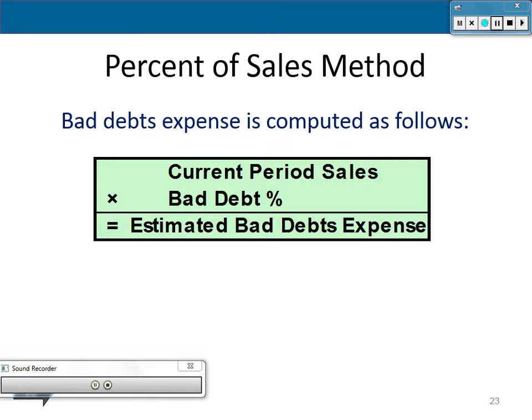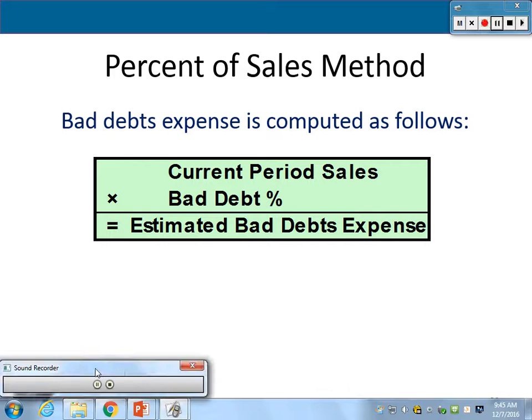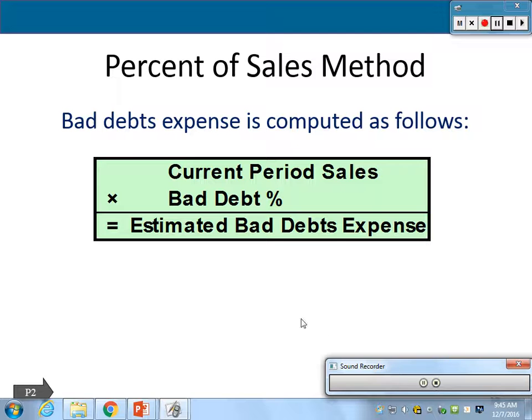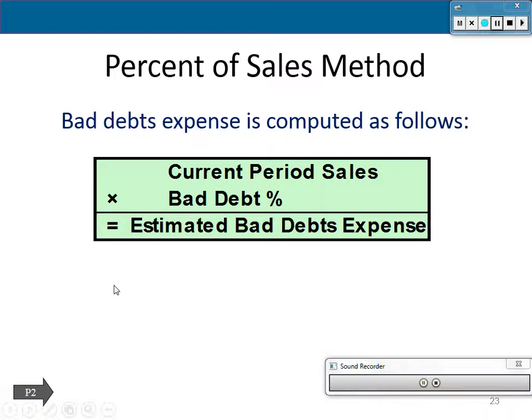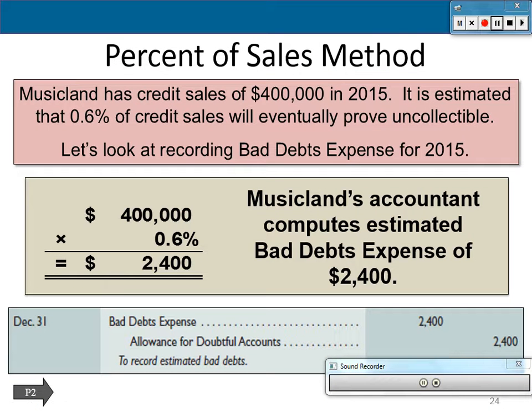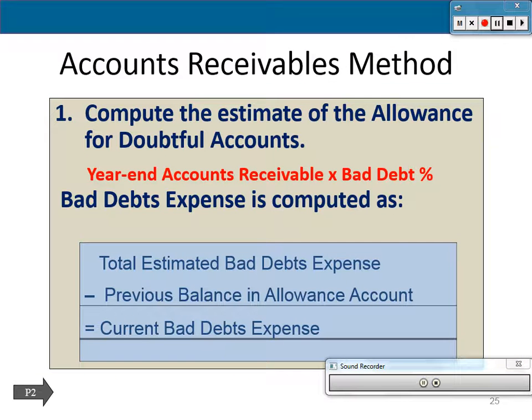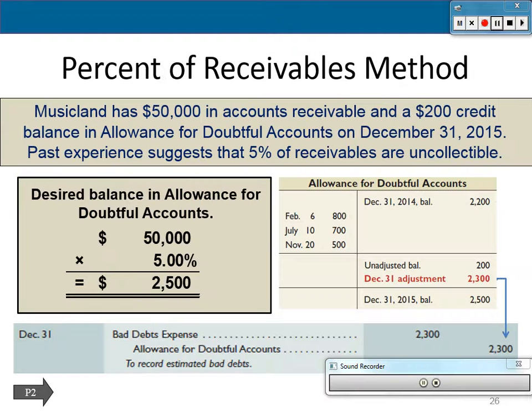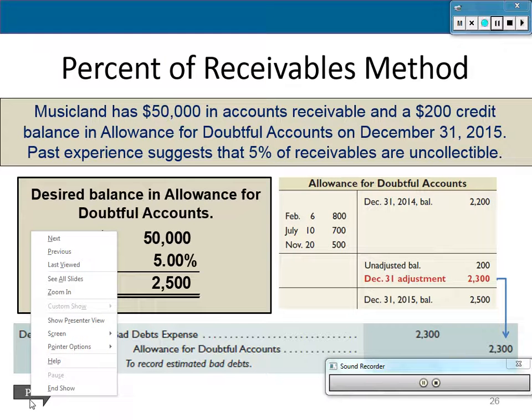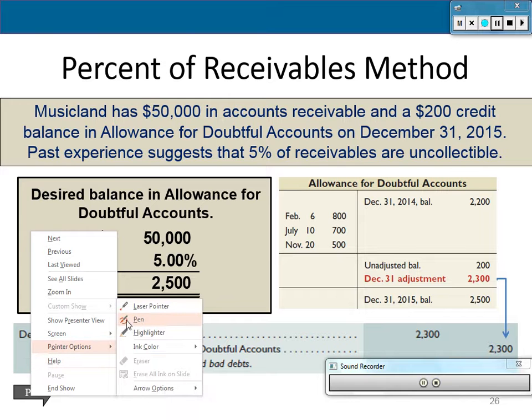Current period sales multiplied by whatever the bad debt percentage is that you're given will equal estimated bad debt expense. So here's an example here.